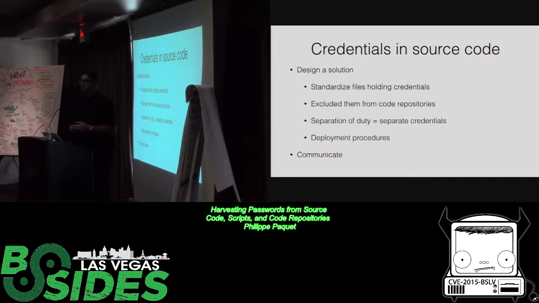Are they going to be willing to go back to a year-old application and look for passwords to update them? Probably not. And your time for cycling a password is going to be gigantic. So it's a main argument that you can bring them to be able to separate their credentials from source code.